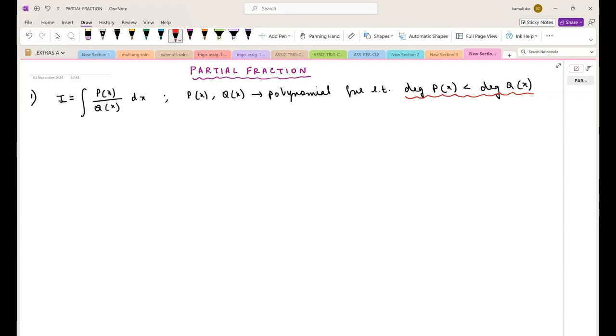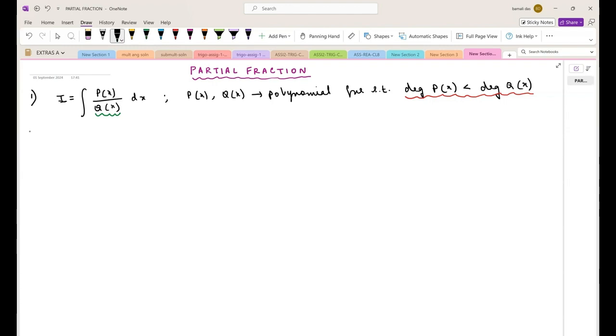So now, assuming this, once we ensure that this condition is satisfied, we know that I can integrate this by using partial fraction. But then, depending on the nature of qx, here the important deciding factor is qx, the denominator polynomial. Depending on the nature of the denominator polynomial qx, we use various methods of partial fraction.